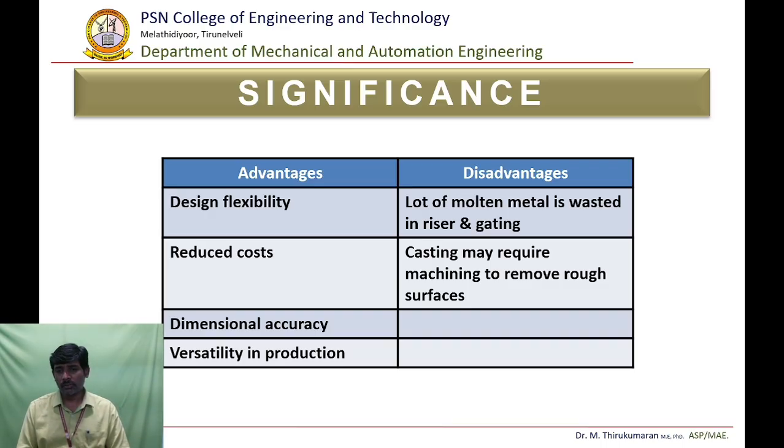So what the disadvantage means: a lot of molten material is wasted in the riser as well as gating. Okay. So the next disadvantage is castings may require secondary processes, basically to remove the rough surfaces. So we can achieve a smooth surface with the help of some secondary as well as third steps that we need to adopt for the final casting.